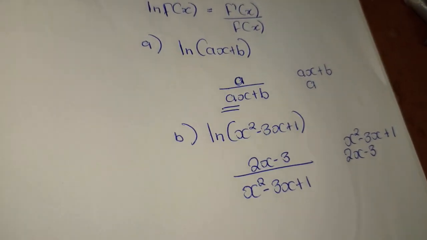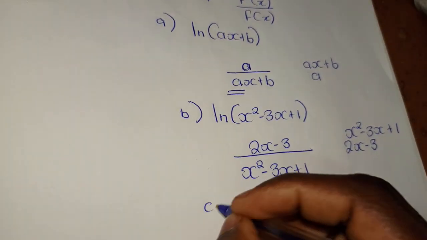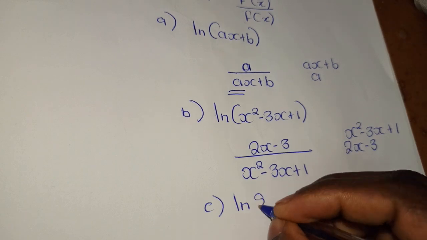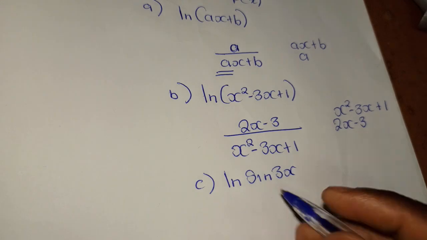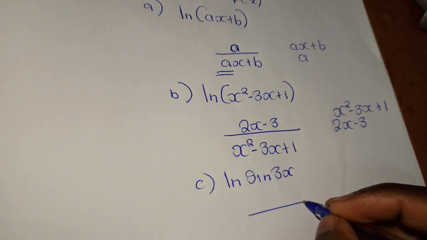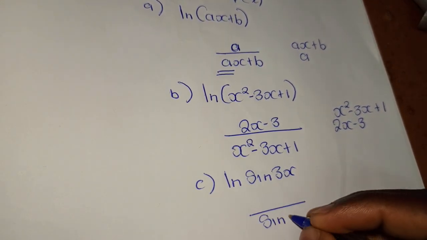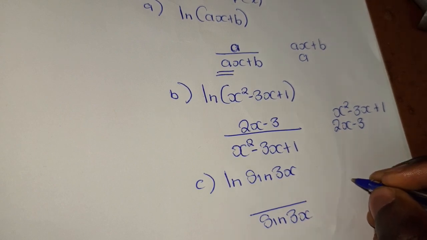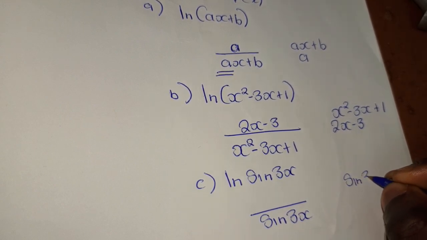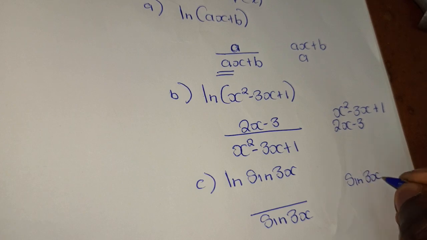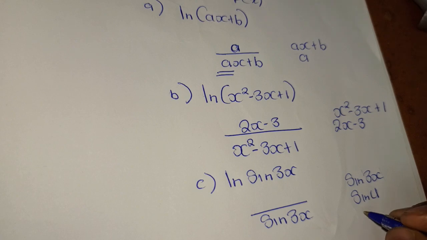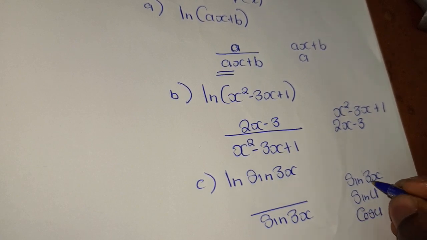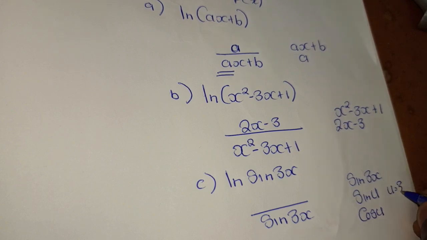The third one which we have been faced with is ln(sin 3x). So you will first copy the original function as the denominator, sin 3x. You know to say, if you were to get sin 3x, let us assume this 3x is u. You note sin u, the derivative is what? Cos u. And remember we had assumed to say u is 3x.